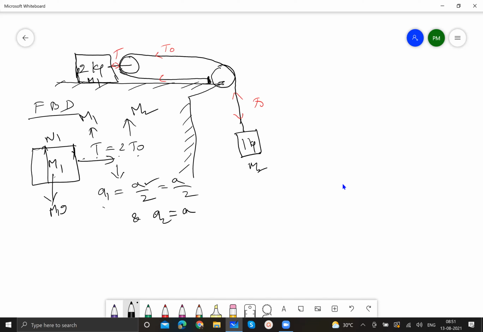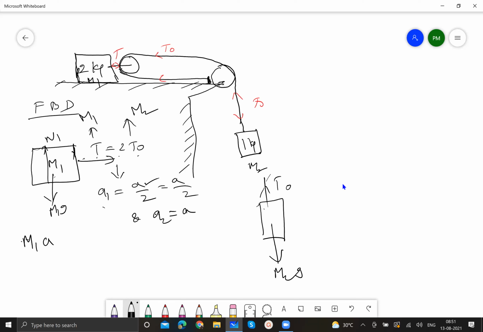Next, coming to this block. This is a simple arrangement only. This is M2g, tension T naught. So we'll have M1A, because they are connected by string.